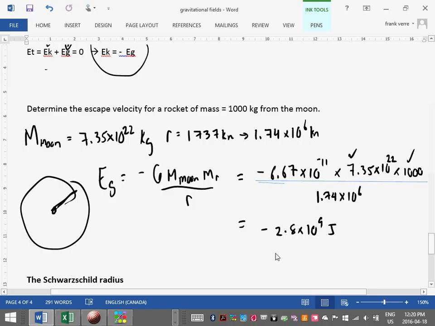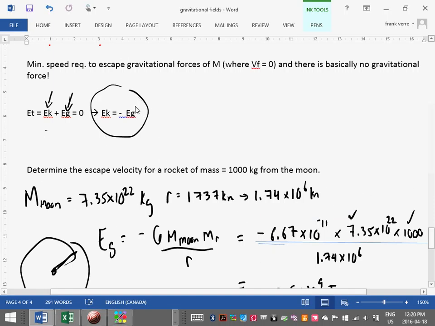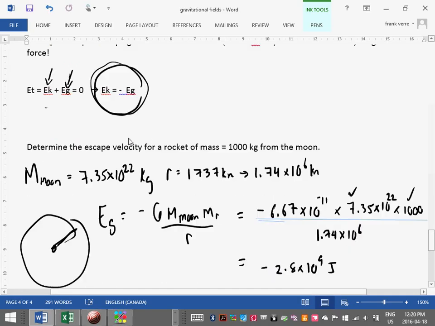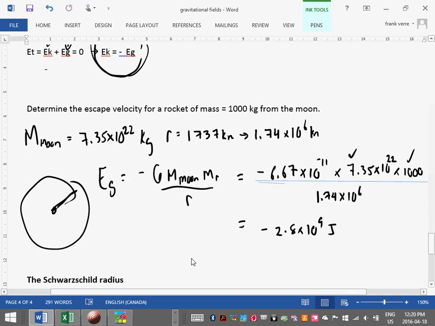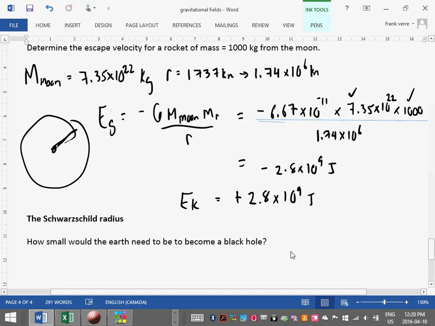Okay. Now, how much kinetic energy do you need to escape the gravitational potential? It would be this: Ek equals negative the potential energy. So our kinetic energy is going to equal positive 2.8 times 10 to the 9 joules. The kinetic energy of a rocket is half mv squared.